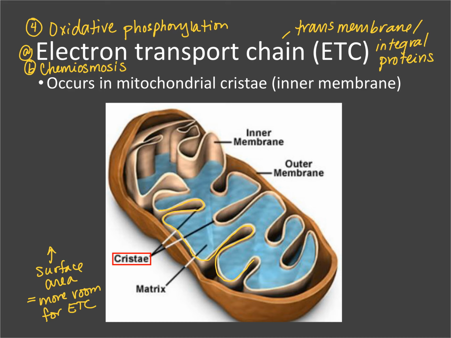And so these electron transport chains are these kind of proteins that are basically embedded in this inner membrane here. All right, so each set of these would be representing an electron transport chain and an enzyme called ATP synthase that we'll talk about more when we talk about chemiosmosis.